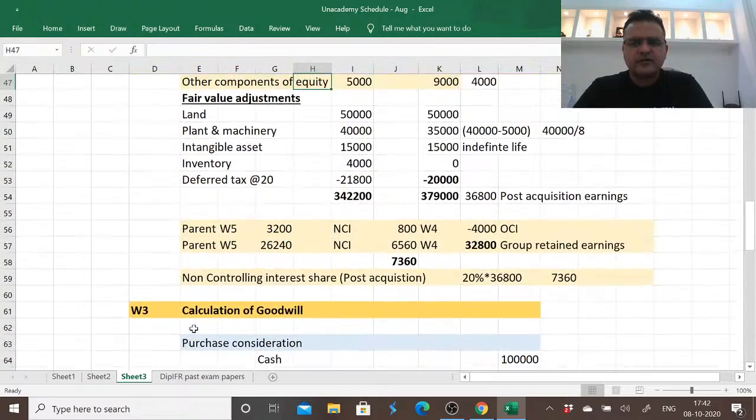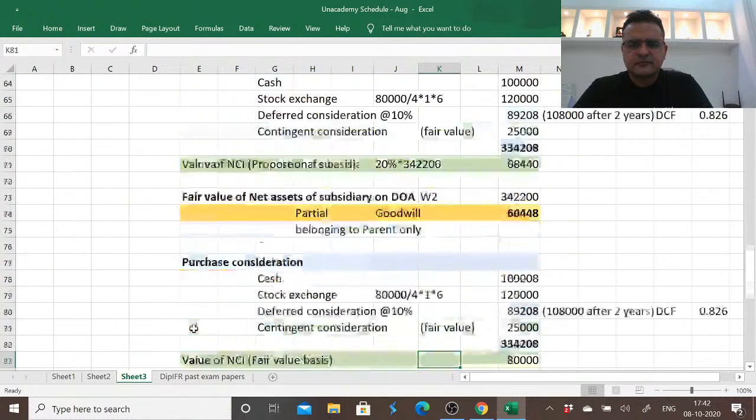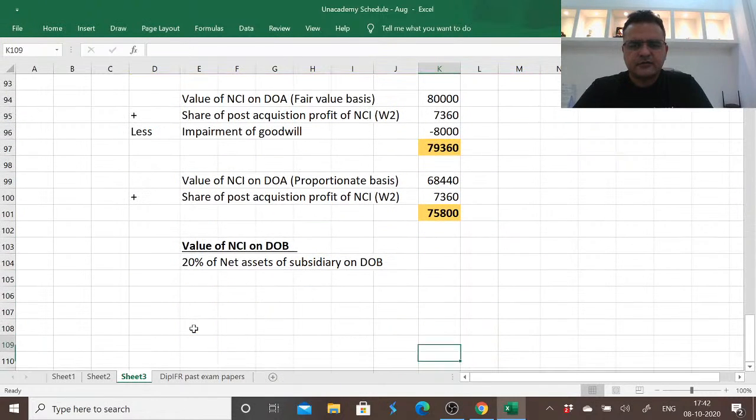So net assets of subsidiary on the date of the balance sheet equal 379,000. 20% of 379,000. How did I get it? I got it from working note number 2. You can do it directly if you are valuing NCI on proportion basis. And 20% of 379,000 is equal to 75,800.